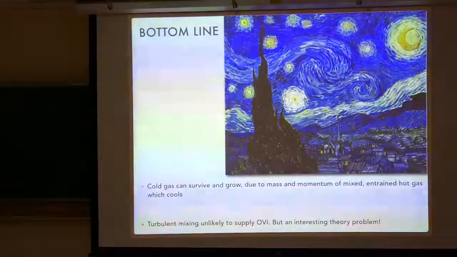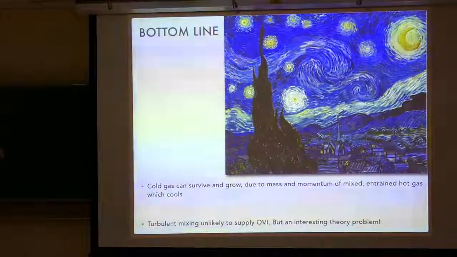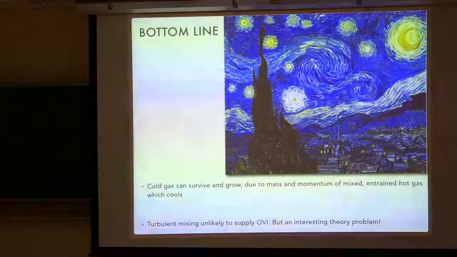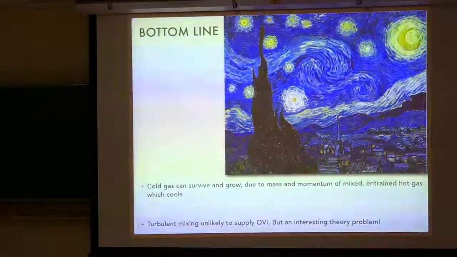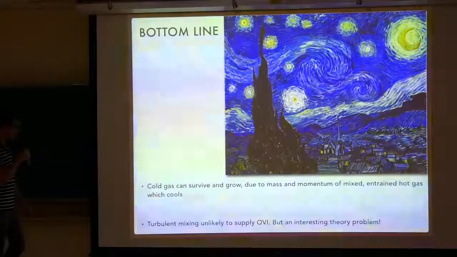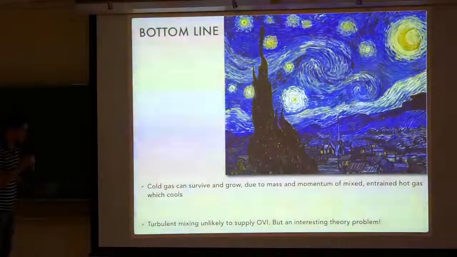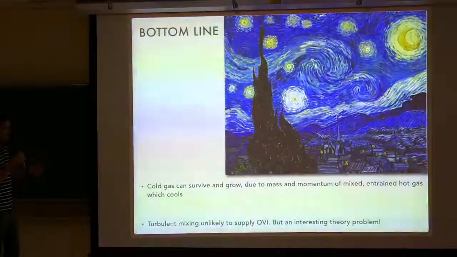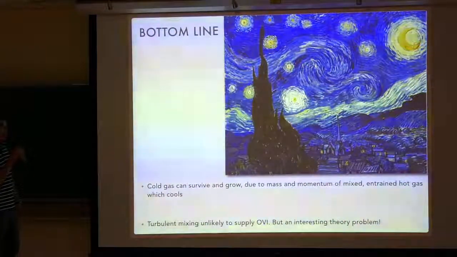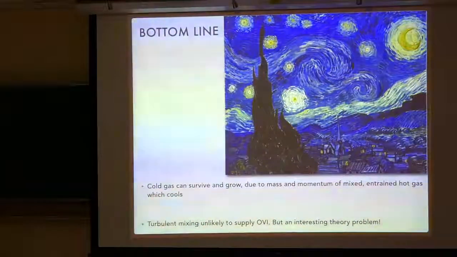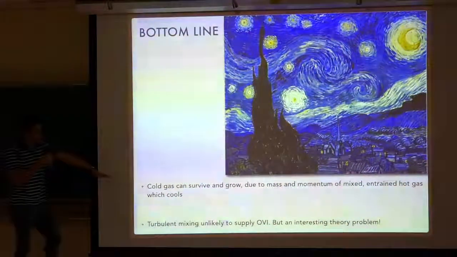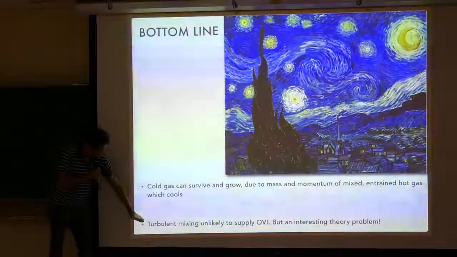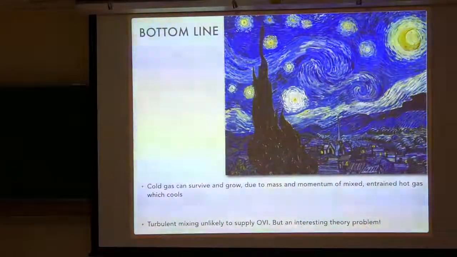The bottom line is that we think that cold gas could survive and grow, and it would certainly be great if others could see if they ever will see this. So turbulent mixing is not a promising source of high ions, but there are lots of interesting things about the details of these mixing layers. Certainly, if you want to understand this better, this whole focusing effect, how that happens, you really have to understand this problem. Thanks.